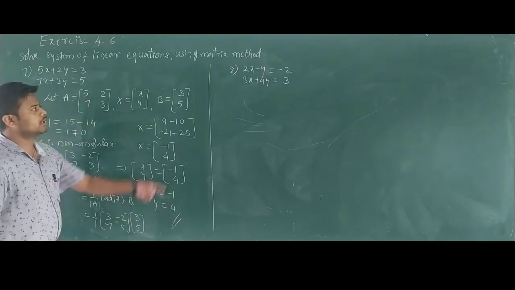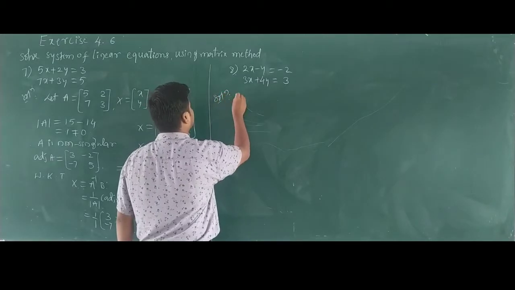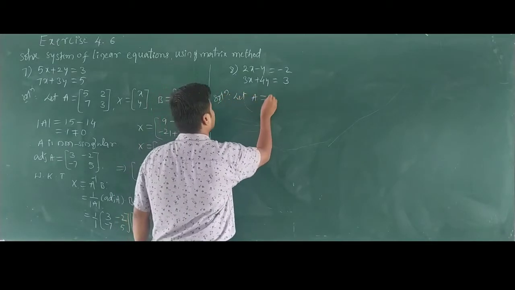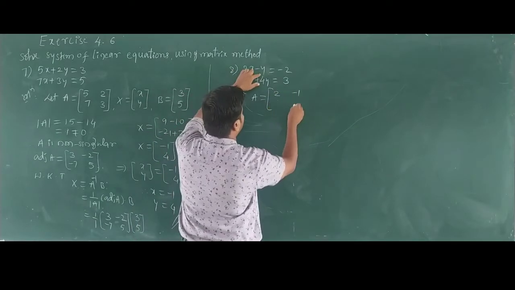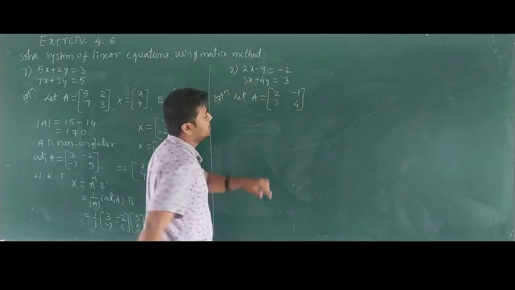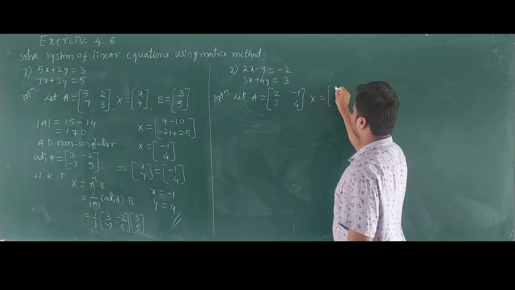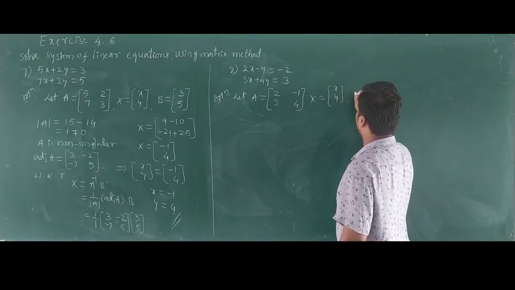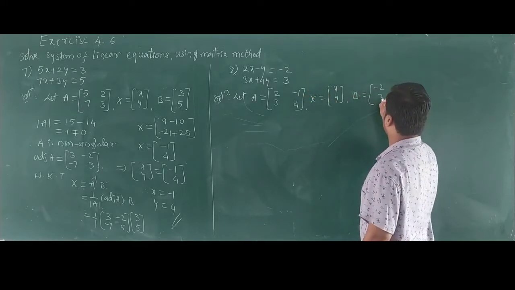Next, the 8th one. Let A equal to the coefficients of x and y: 2, minus 1, 3, 4. Next, X has variables x and y, two variables, and B is the constant terms: minus 2, 3, minus 2.